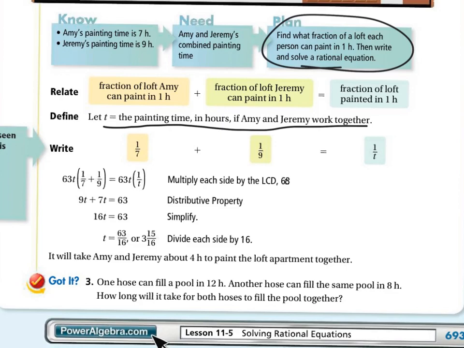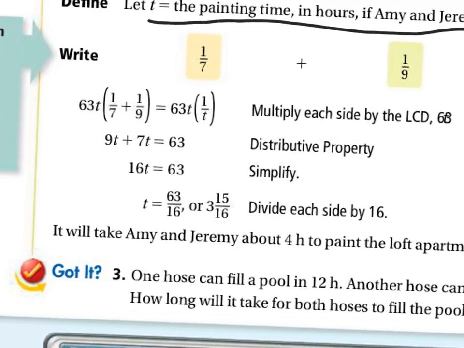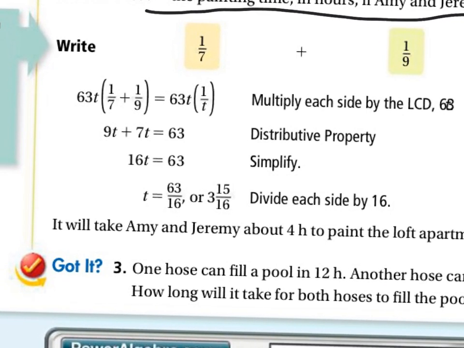So this is our equation, and what we're going to do, like we've been doing, is multiply to get rid of the denominators. The common denominator would be 63t. If you multiply by 63t on both sides, then on the left side you'll be able to combine like terms.